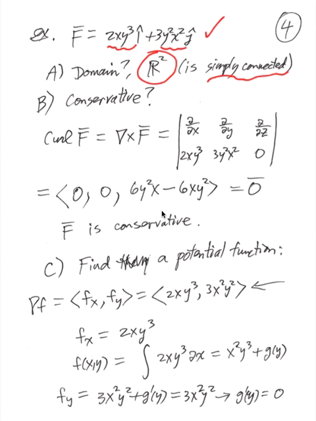Is it conservative? What are we going to do here? Let's go ahead and compute the curl. So I put the components down here, and we will get what? The partial derivative with respect to x, partial derivative with respect to y, partial derivative with respect to z here. And then I've got the component functions here. See how we can effectively ignore what's happening over here, but we're not going to do that.